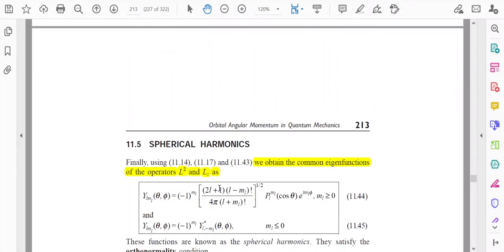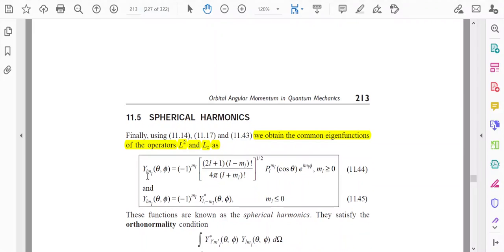Now we can show the expression for the common eigenfunction capital Y, because capital Y is the multiplication of theta and phi. We have evaluated phi, and we have also evaluated theta. So we can show that Y l ml theta comma phi, the common eigenfunction, can be written like this for ml greater than or equal to 0, and like this for ml less than or equal to 0.